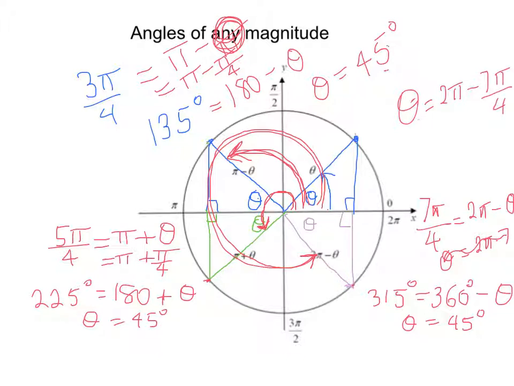Just rearranging this equation to make theta the subject, moving theta over here, moving 7 pi on 4 over there. Okay, then we can find a common denominator. It's 4, that would make that 8 pi on 4 minus 7 pi on 4, which is 1 pi on 4, or pi on 4.